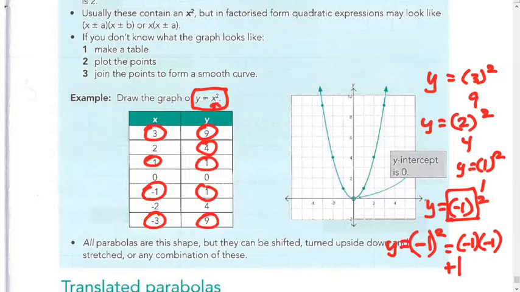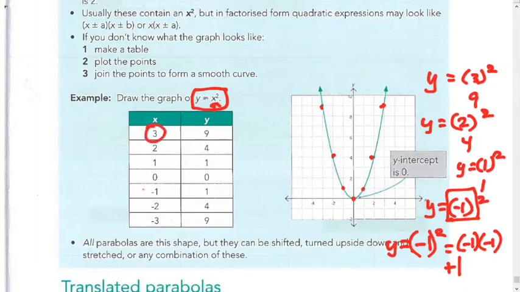And then they've plotted those points. (3, 9) means to the right 3, up 9. (2, 4), it's right there. (1, 1), right 1, up 1. (0, 0) is the origin. (-1, 1), etc. And if you'll notice these points, what I want you to see about them is that they are a mirror image.